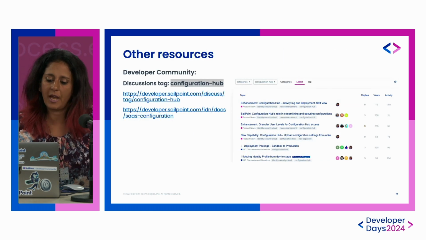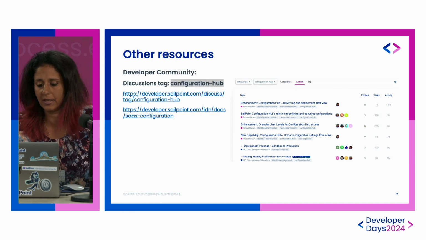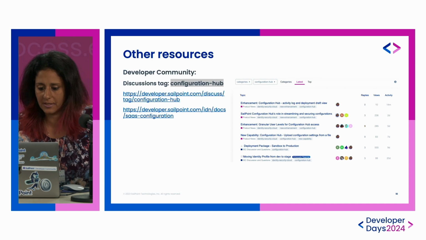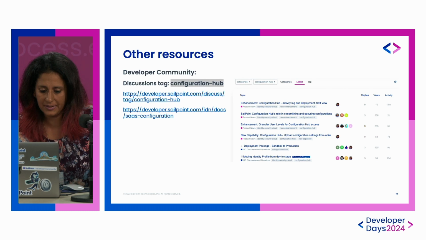We do have now a Configuration Hub tag in the developer community, so you can follow and look at discussions and also announcements of new features and community discussions there.